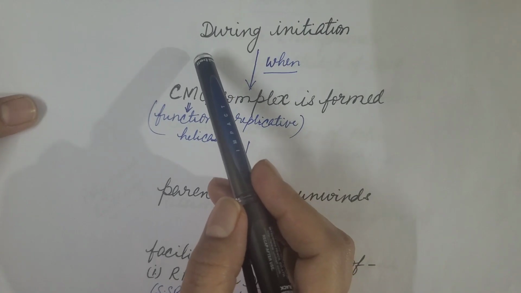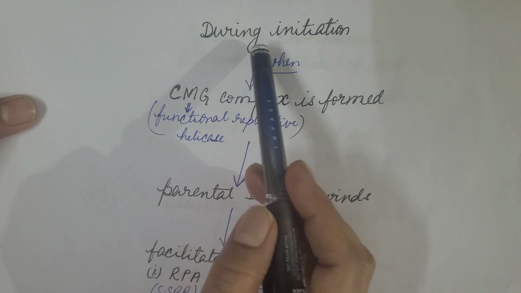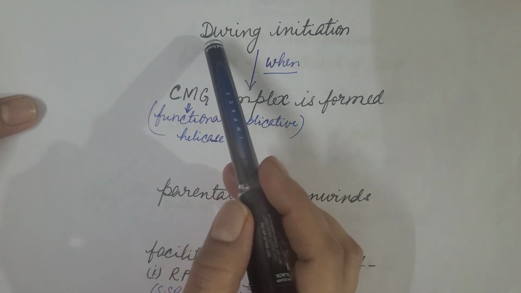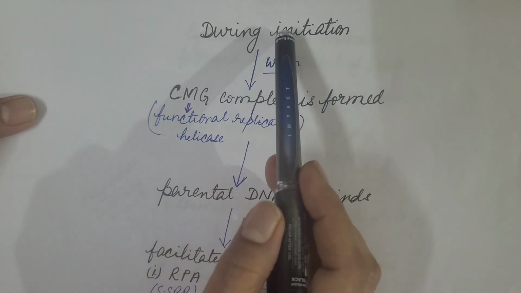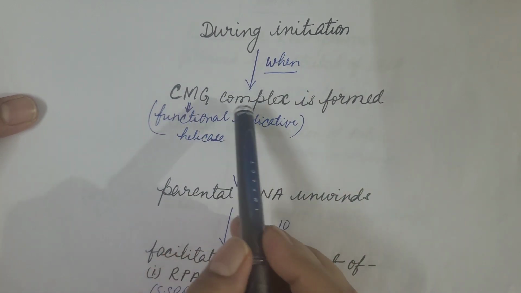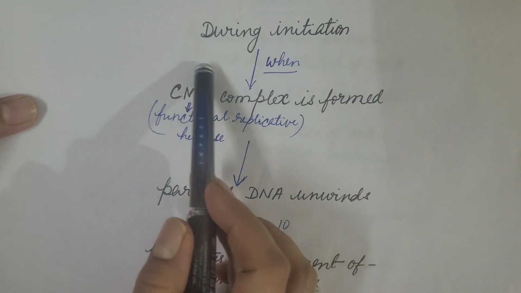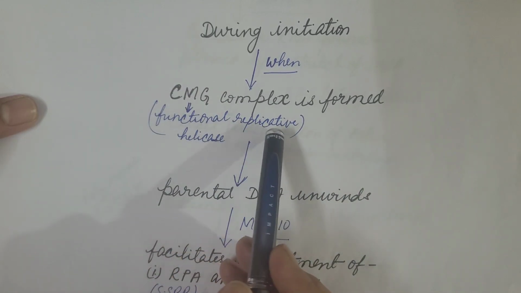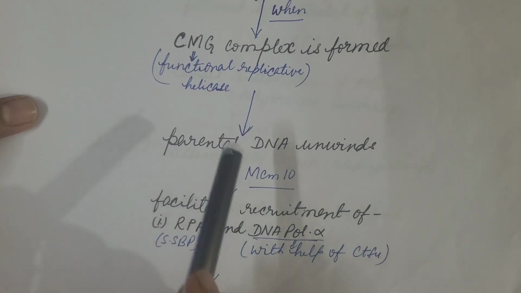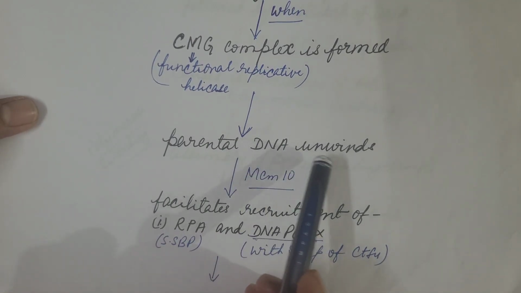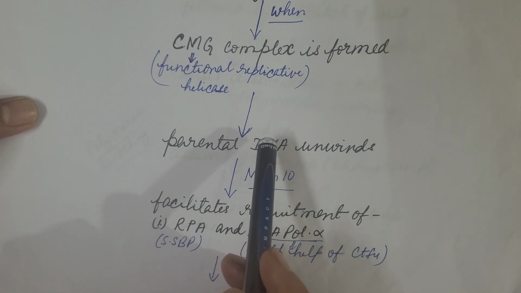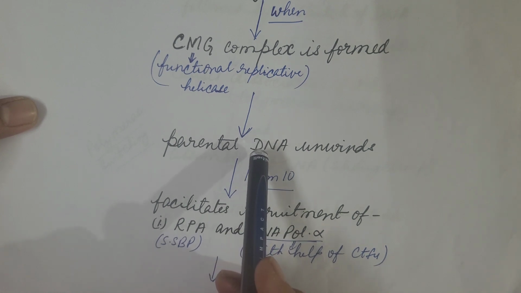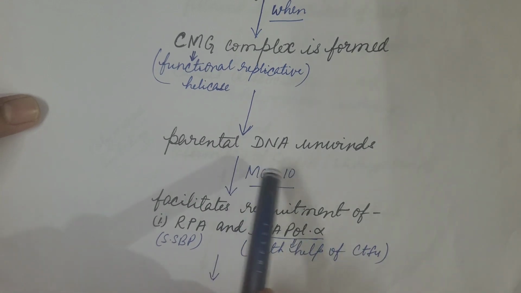Now to understand the elongation step, let us start with some of the events that take place during initiation, which we also discussed in the previous video. When the CMG complex is formed, it is the functional replicative helicase. The parental DNA unwinds at the origin, that is, the two strands of the DNA separate. This results in single-stranded DNA at the origin.